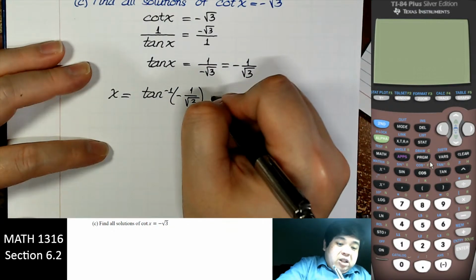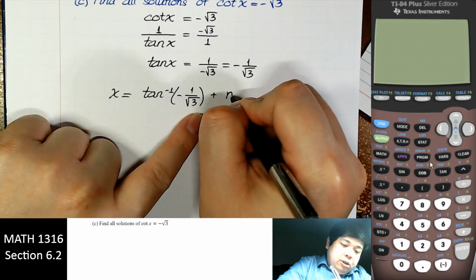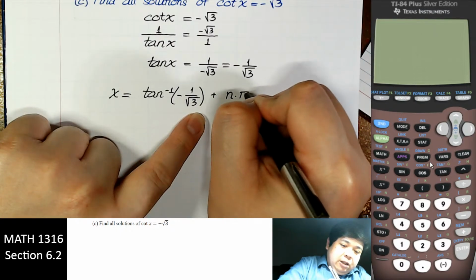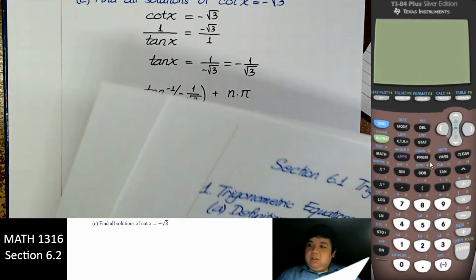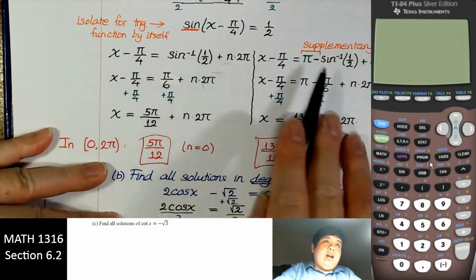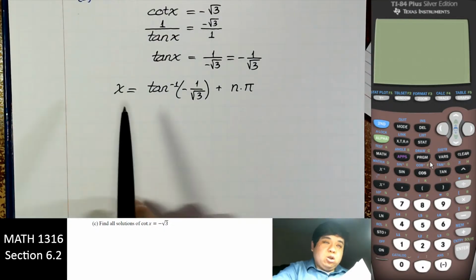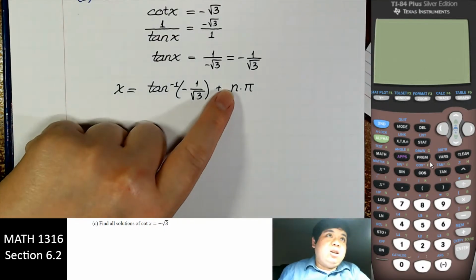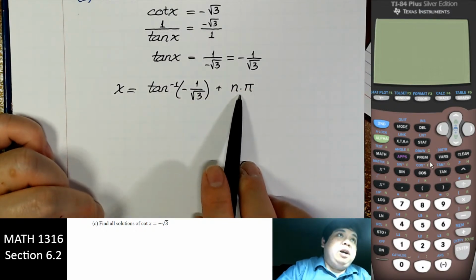But to compensate for having only one solution, we're going to use n pi instead of 2n pi as for sine and cosine. For sine and cosine, there are two solutions. For tangent, we only have one, and to compensate, instead of 2 pi, we're just going to use pi.